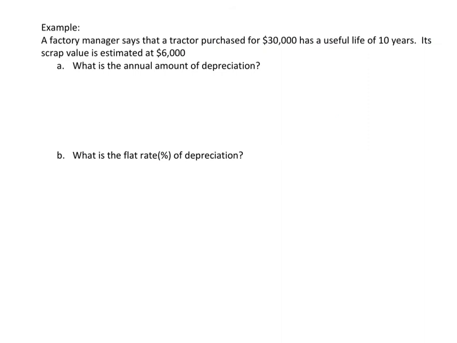In this example, a factory manager says that a tractor purchased for $30,000 has a useful life of 10 years. Its scrap value, remember its value at the end of its life, is $6,000. So what is the annual amount of depreciation? Well, we don't have a rate here, but that doesn't mean that we can't work out how much it depreciates each year. So what we're going to work out is, first of all, what the total depreciation is.